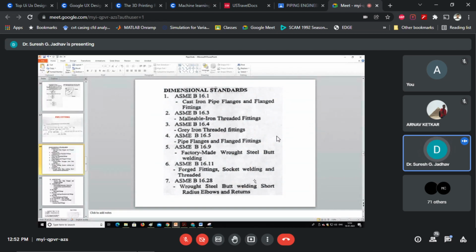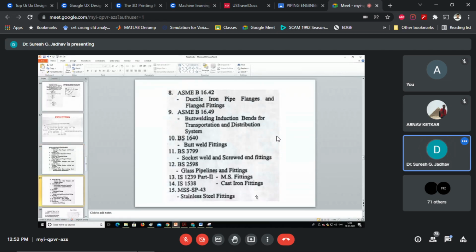That kind of fittings we can use only from ASME B16.11. And for the next standard, wrought steel butt welding short radius elbows and returns, you can refer to ASME B16.28 for dimensional standards.